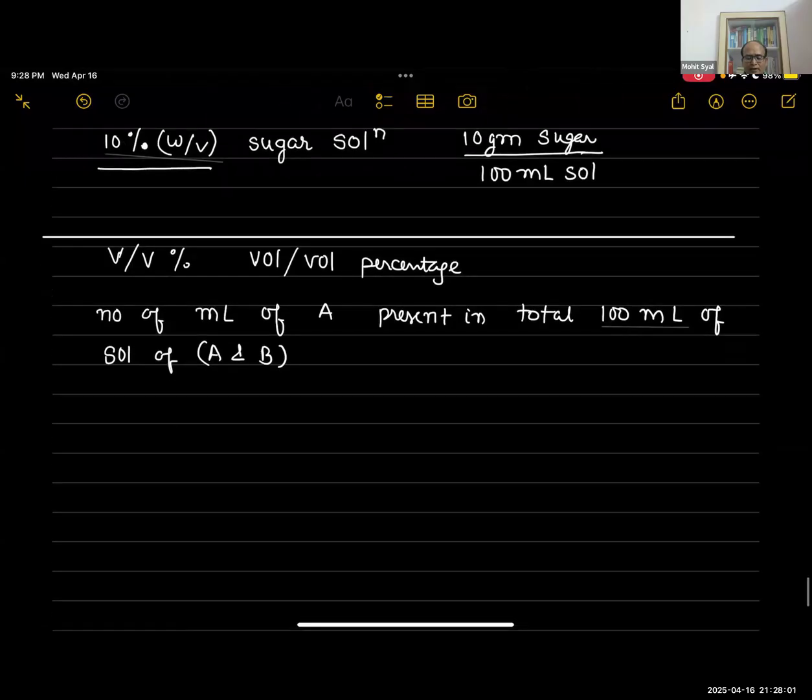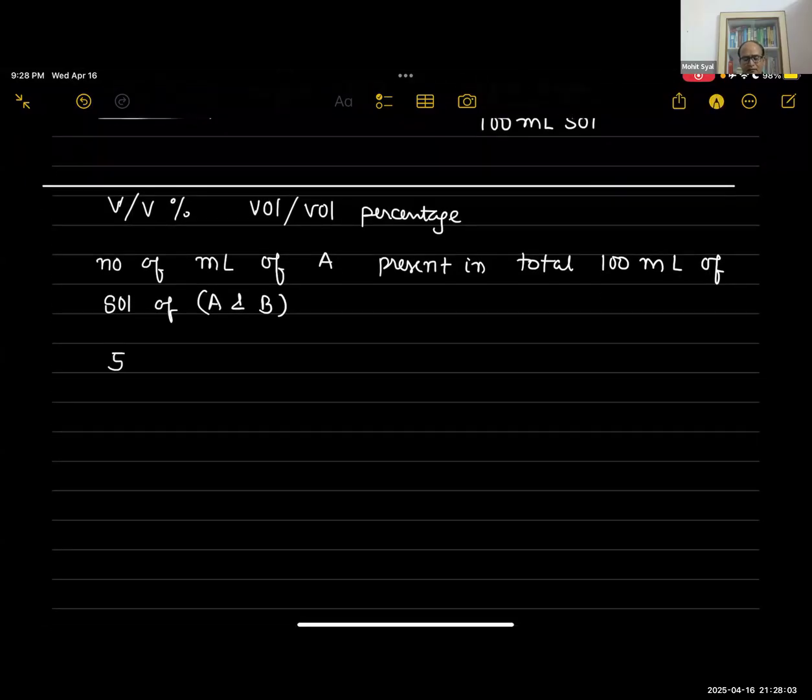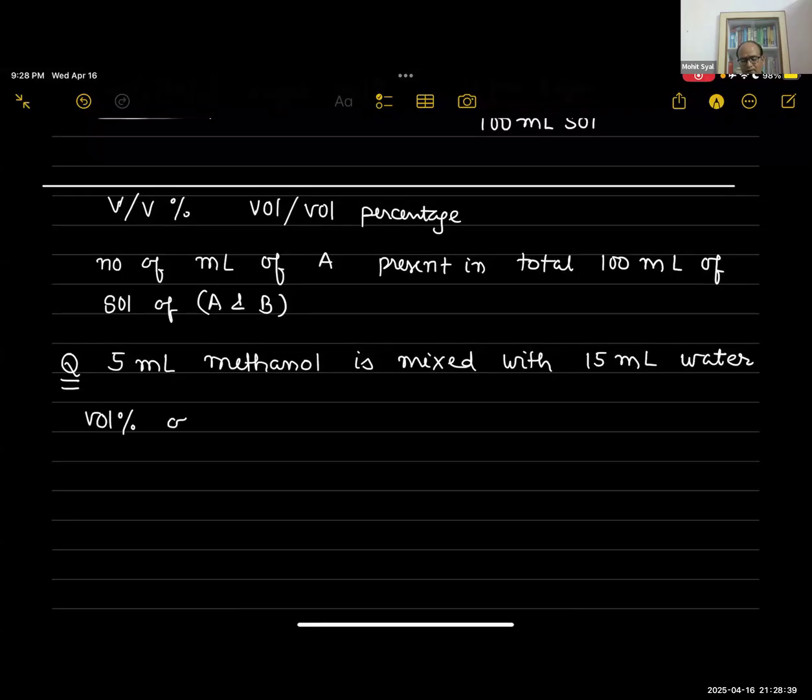Yeah. For example, 5 ml methanol. You added 5 ml to 15 ml of pure water. Both are liquid, both are expressed in ml. What is the volume percentage of methanol?